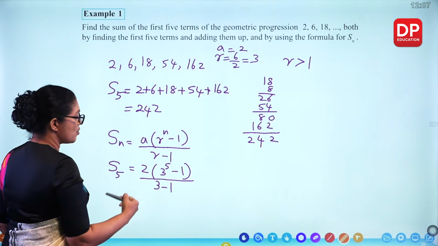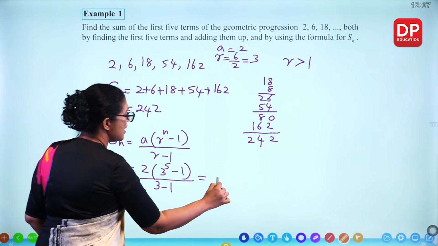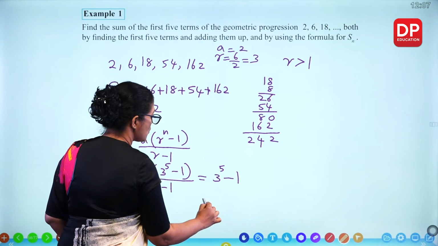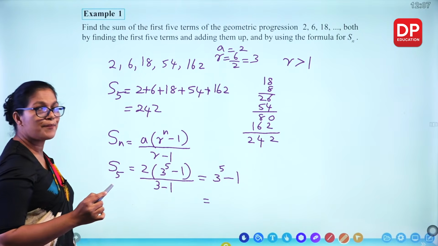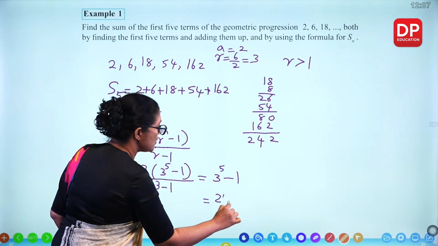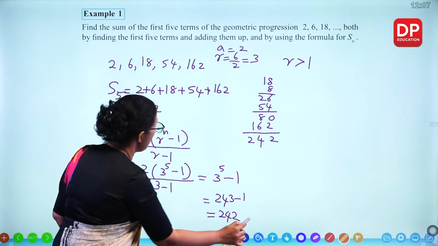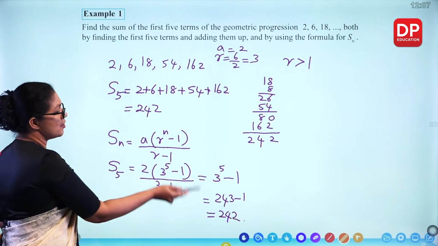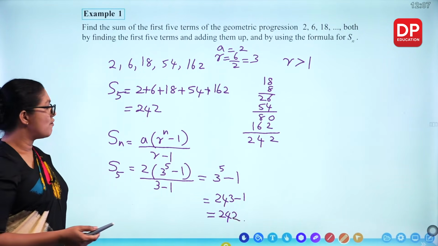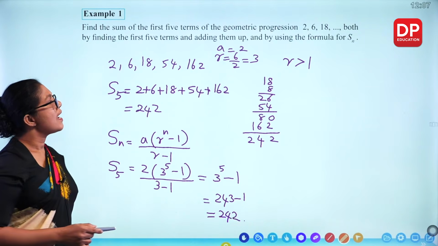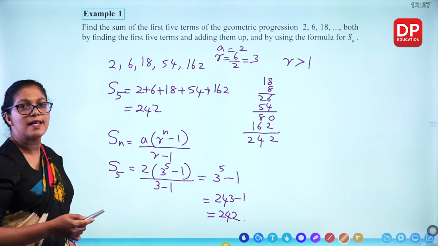This 2 and this 2 get cancelled out. You are getting 3 to the power 5 minus 1. So what is 3 to the power 5? 243 minus 1, you get 242. So you can either use the formula or just add these, you get the same answer.